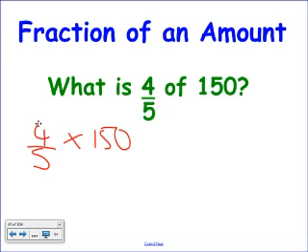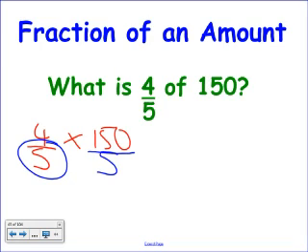In maths, it really doesn't matter whether I divide the 4 by 5 or the 150 by 5 first. If I was doing it in a pure way, I would divide 4 by 5, I'd get 0.8, and I'd have to multiply 150 by 0.8. And I'd have all sorts of working out, and I'd probably have a headache. In maths, I don't have to do that first. I can actually do it the other way first, and I get the same answer.